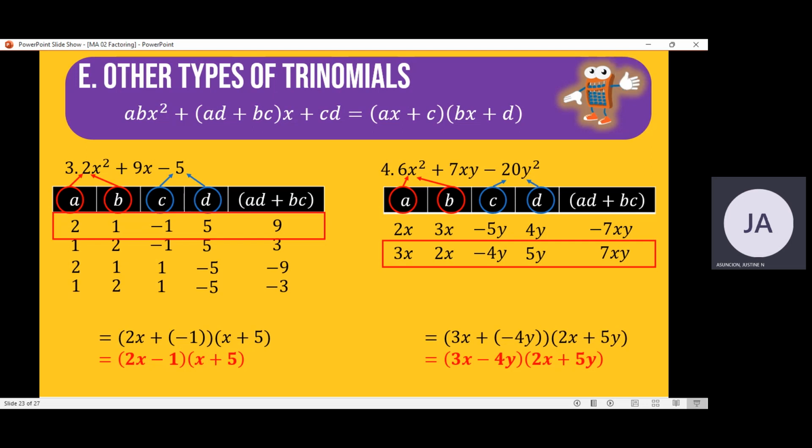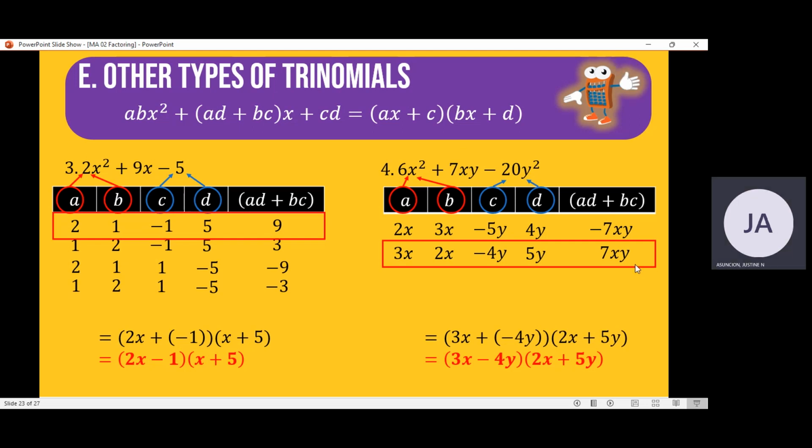Again, you need to satisfy the middle term. As you can see here, we have the coefficient 9, so we should have the result of 9 here. And then we have 7xy here. We should have the result of 7xy.